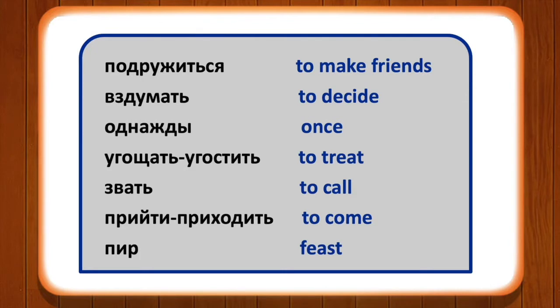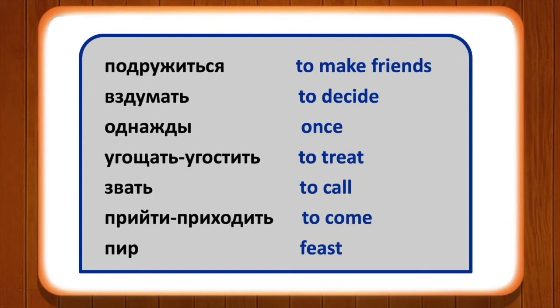Let's begin with some vocabulary first. The first word in the vocabulary list is подружиться. That means to make friends. The second word is вздумать. That means to decide. Next is однажды, which means once or once upon a time. Next word угощать, угостить.